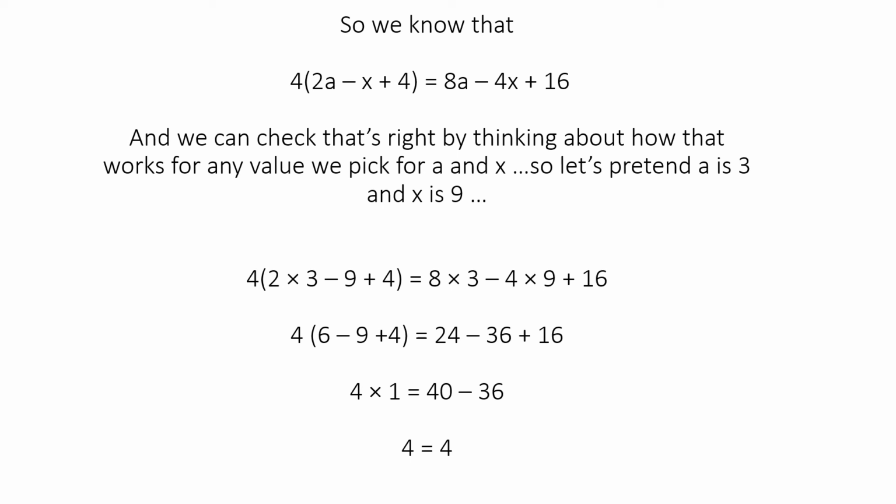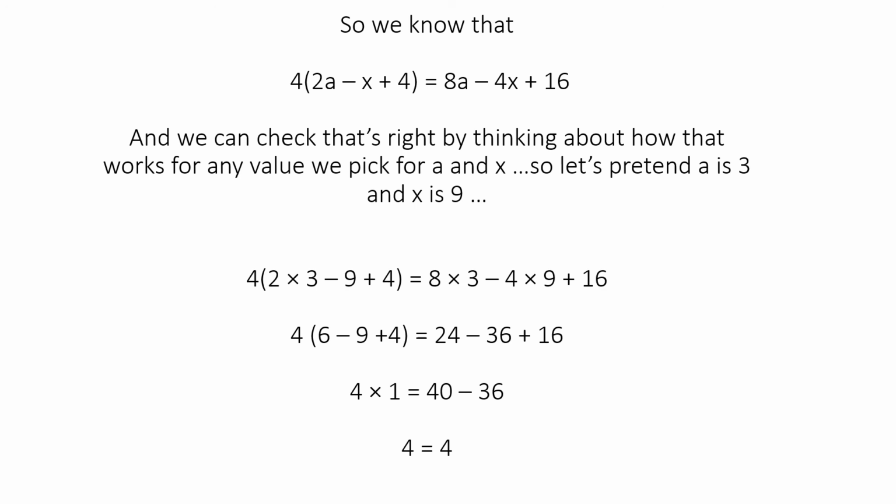And again, we can check that's right by just thinking about how that works for any number we pick to be a and x. So let's pretend that a is 3 and x is 9. On the left-hand side, inside the bracket, you've got a is 3. So you've got 2 lots of 3 minus 9 plus 4.